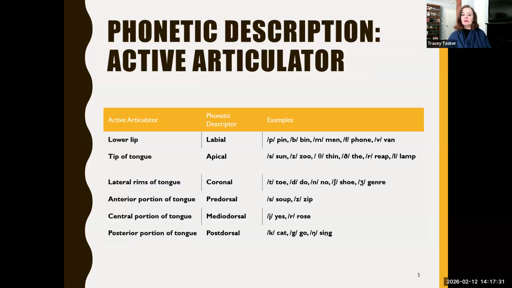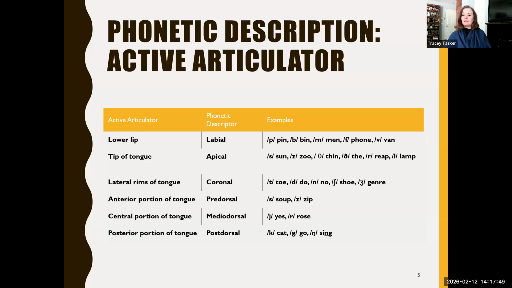We could really get into very fine detail talking about the articulators, so the different parts of the lip. Labial is always referring to our lips. So when you see bilabial or labial sounds, that's referring to our lips. But then there's different parts of the tongue.